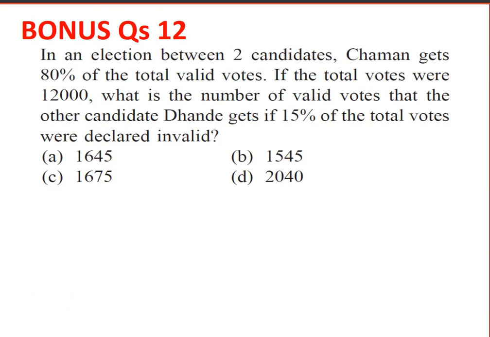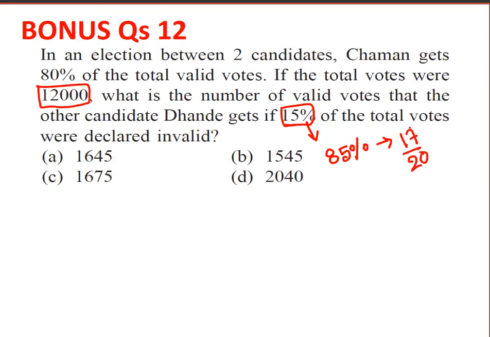The total I know is 12,000, right? 15% is invalid, so I will have to subtract this 15%. That means 85% is valid, right? 85% means what? 17 by 20.